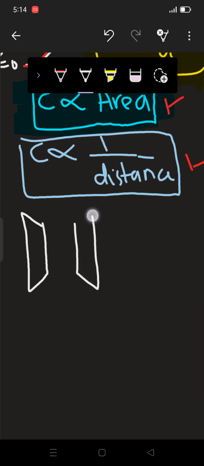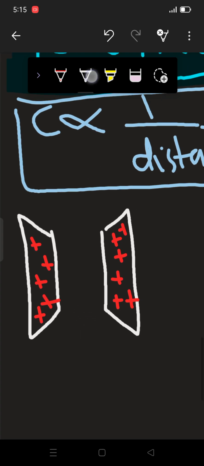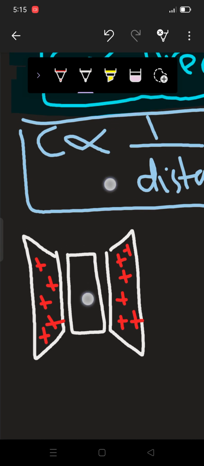So this is our positive and negative plate, two oppositely charged parallel plates, right? Positive, positive, positive, positive, positive, positive, right? We have put a dielectric plate between these two oppositely charged plates, right?